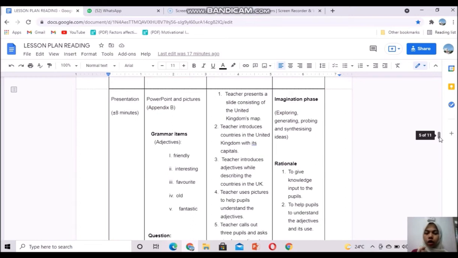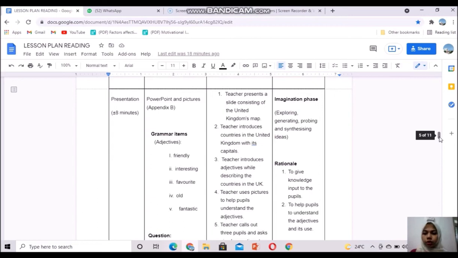In this stage, we are going to use a PowerPoint slide and project it in Google Meet. Firstly, the teacher is going to present the slide consisting of UK maps. We are going to show them the maps of the UK, and we are going to introduce the countries in the UK by using the adjectives that we have targeted.